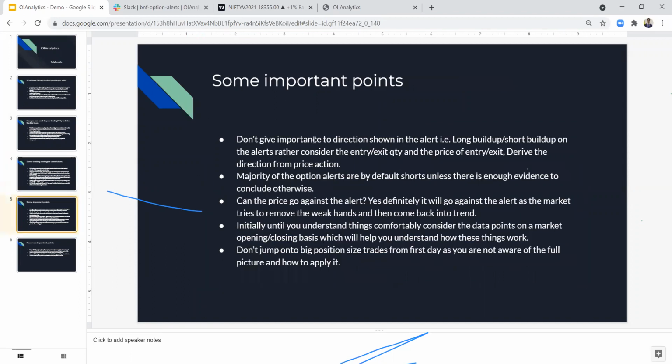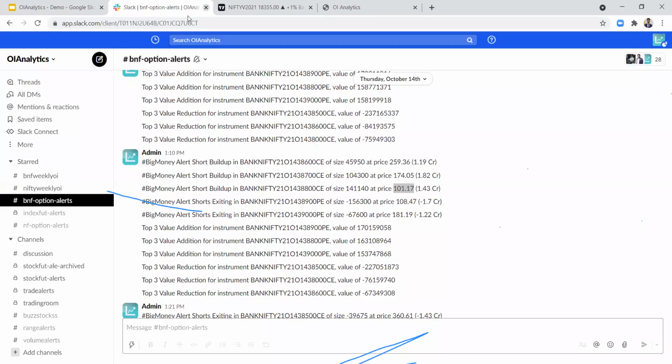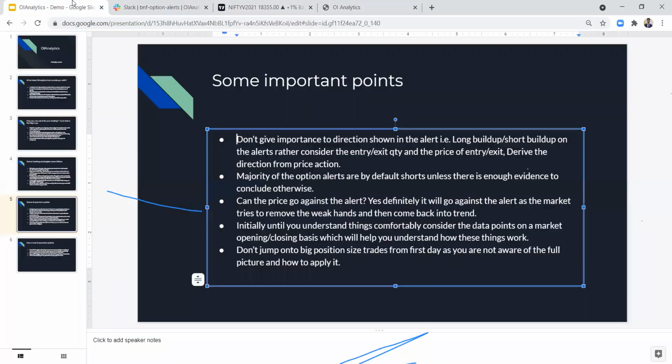So next, some important points. In any alert that comes in Slack or on the website, don't focus on what the alert direction is. If the alert is saying long build up or short build up, it doesn't matter, right?